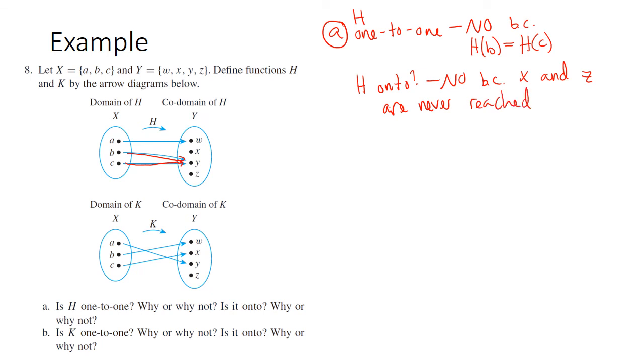Okay, so that was part A. And then for part B, is k one-to-one? So let's look at k. Yes, I believe in k every input goes to a different output.